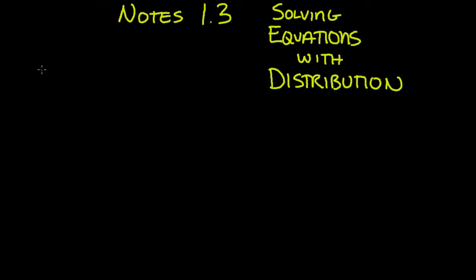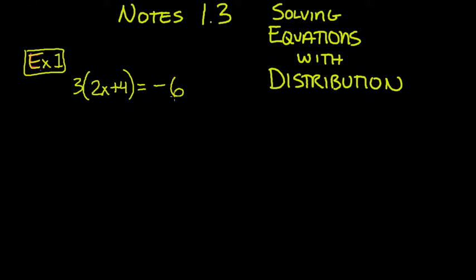So the first example I got, example 1. Let's say we have the equation 3 times the quantity 2x and 4 is equal to -6. So right away you see this 3 that's outside of the parentheses.